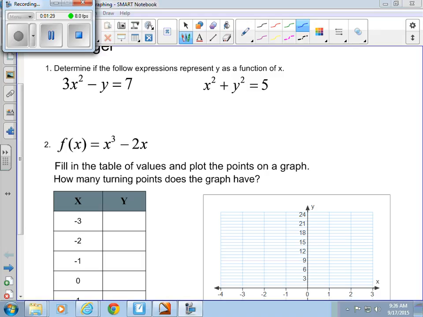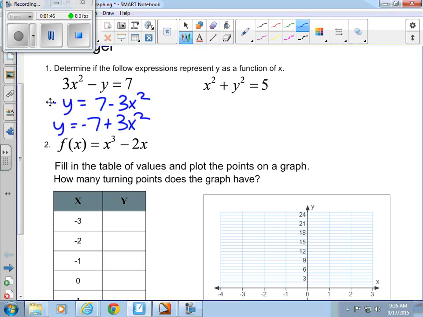So the first one, let's get y by itself and graph it. Subtract the 3x squared over. And divide by -1. And put that in y equals. My question is, is it a function or is it not? I divided.